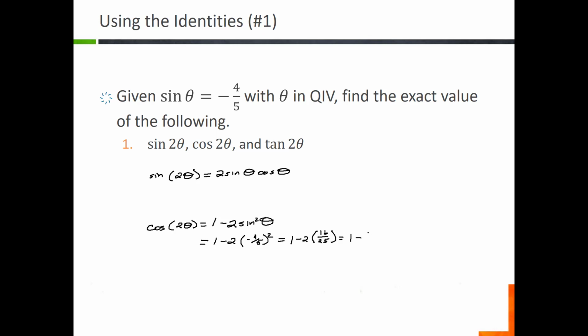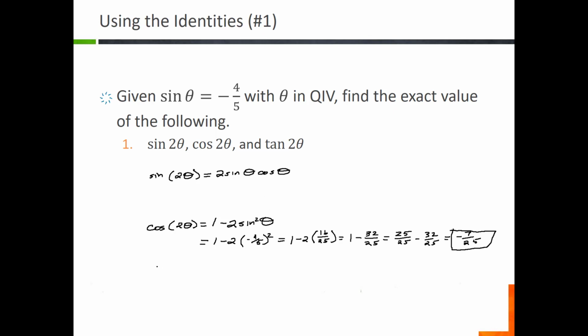So it'd be 1 minus 32/25. And to compute a whole number minus a fraction, you need a common denominator, which is 25. So 25/25 minus 32/25 will turn out to be a negative 7/25. Okay, so that one's not too bad. We didn't actually have to do any special work for that one.